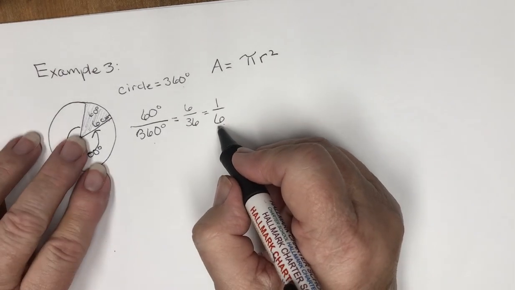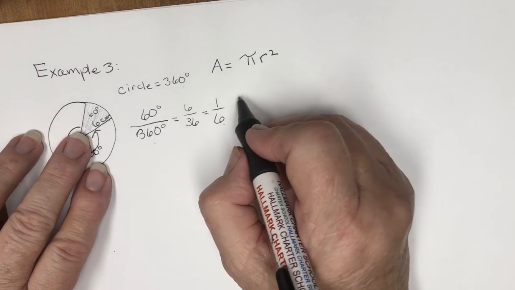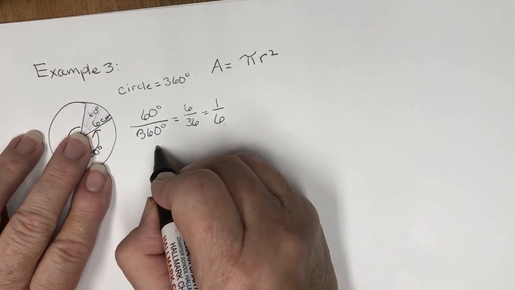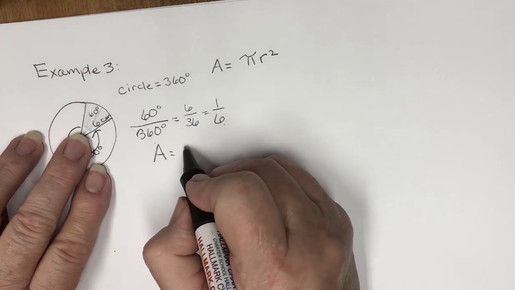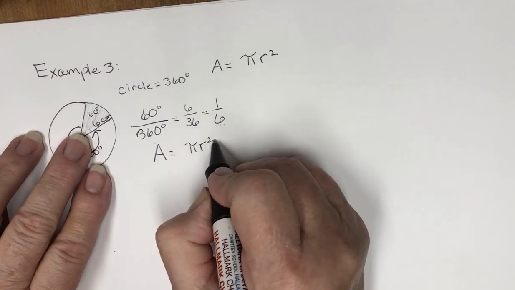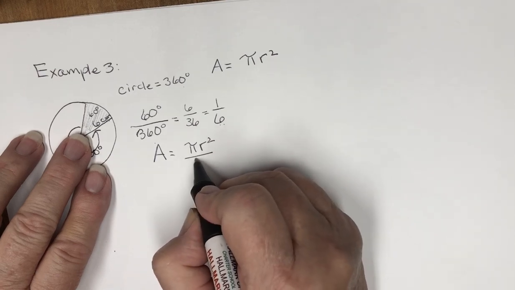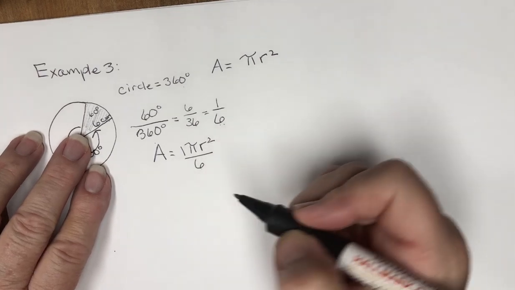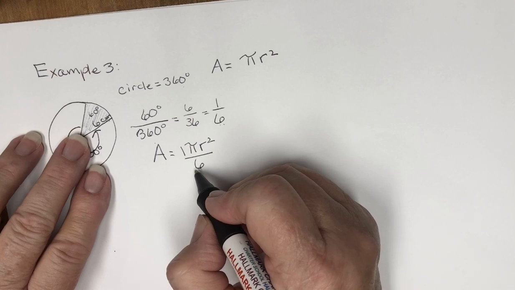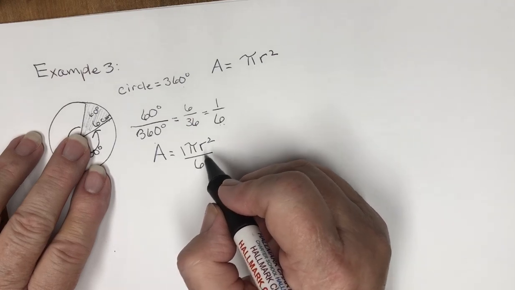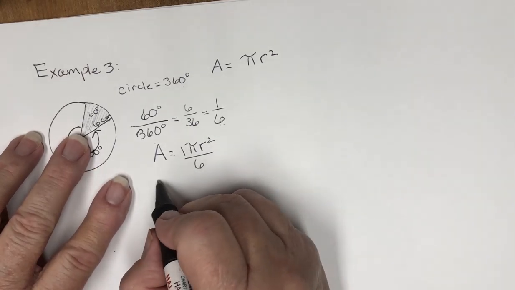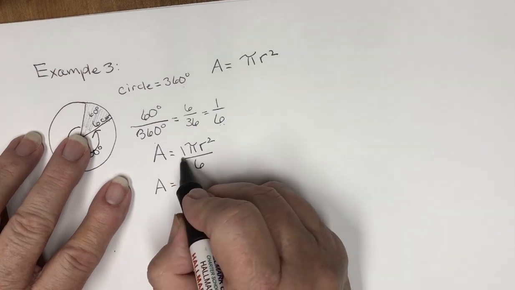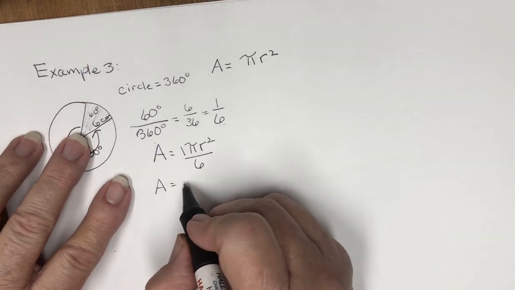But this part of the sector is only 1/6. So the area of this specific sector is pi r squared times 1/6. There's our 1 over 6, right? So now, what do we have? The area is, now 1 times this number is just going to leave it the same.